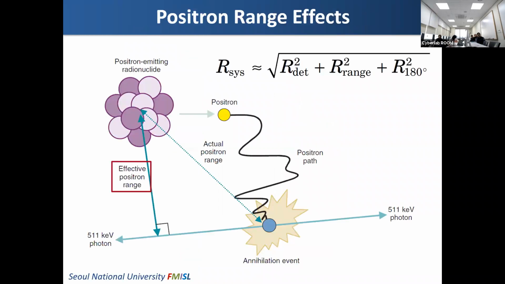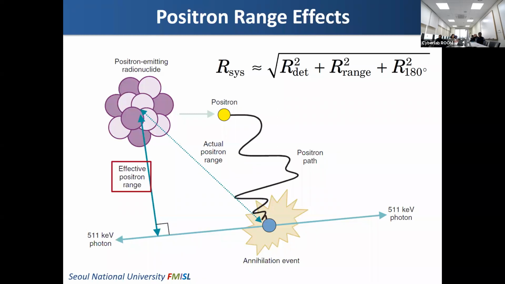Another physical factor that determines the spatial resolution of PET is the positron range, which is defined by this distance. The original position where the positron was emitted and the position where the positron meets an electron are a little different.